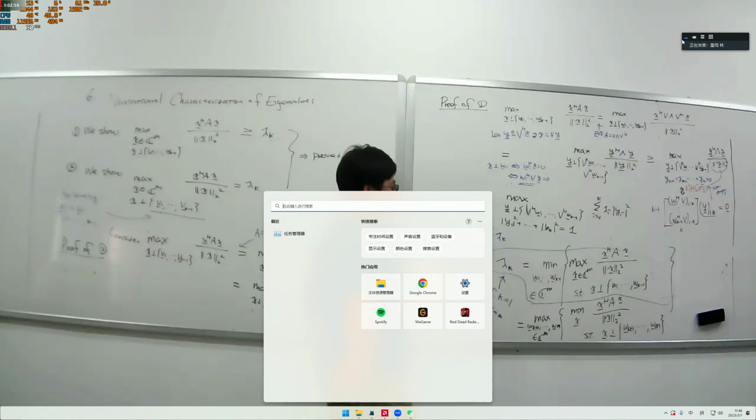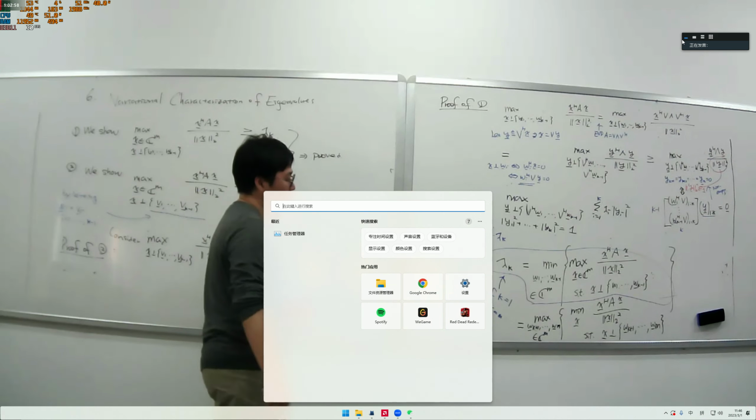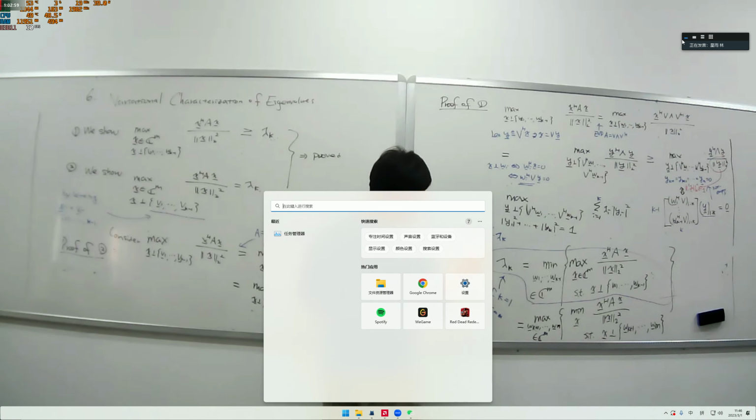This is no less than lambda k, and this is achieved by choosing y equal to 0, 0, 1.